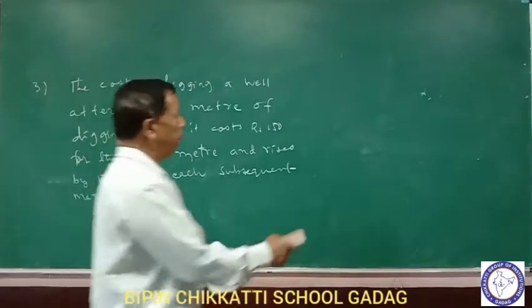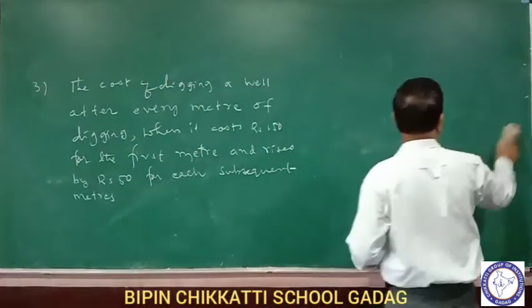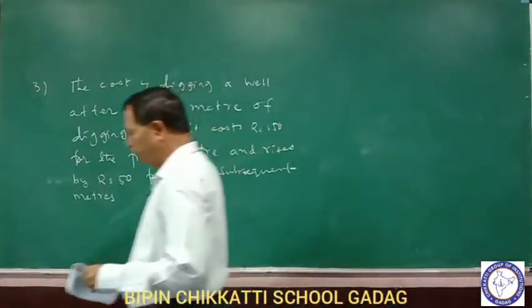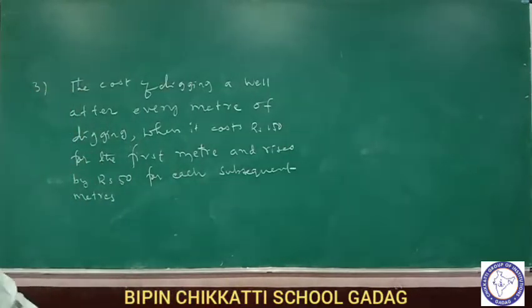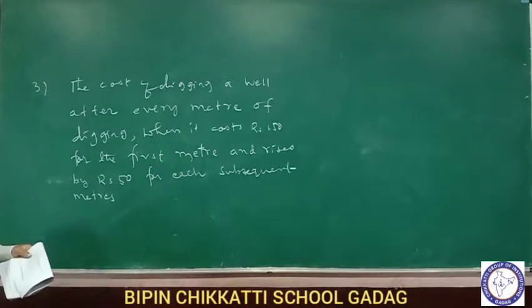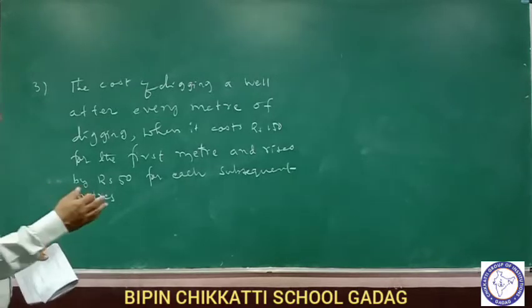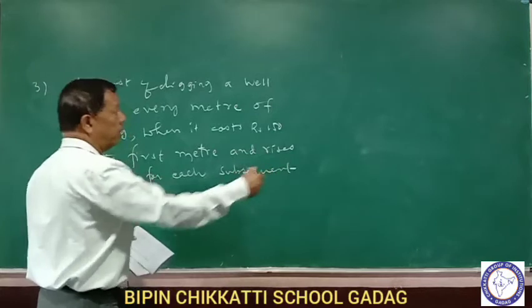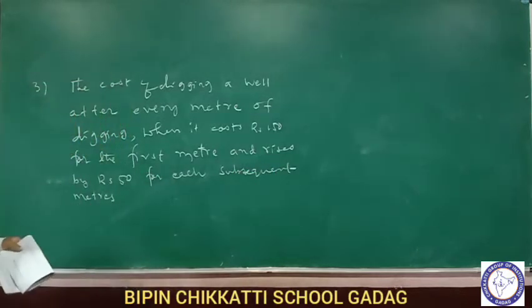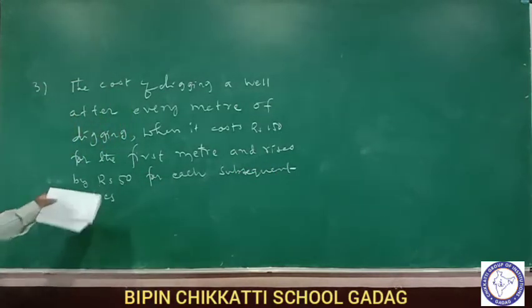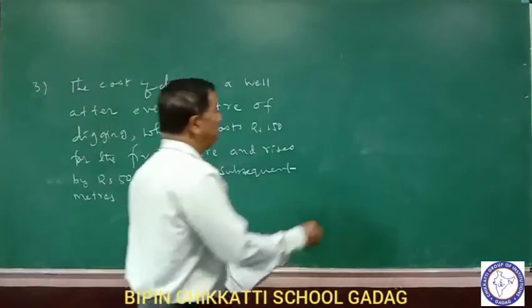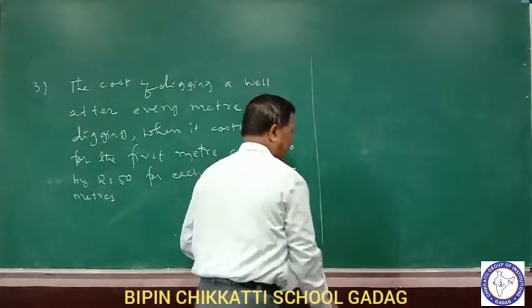The digging of a well. We have to understand the problem properly, what is given here. The cost of digging a well after every meter of digging, when it costs Rs 150 for the first meter and rises by Rs 50 for each subsequent, meaning later meters, that is 50. So you tell me what is the cost for the first meter.